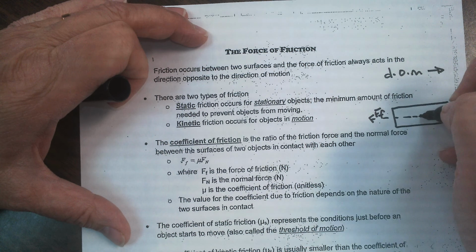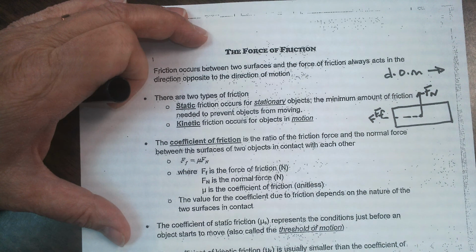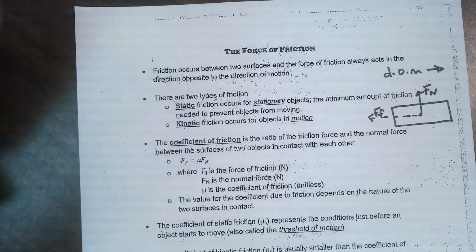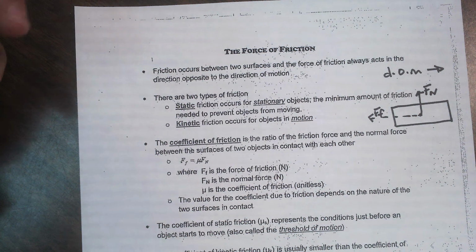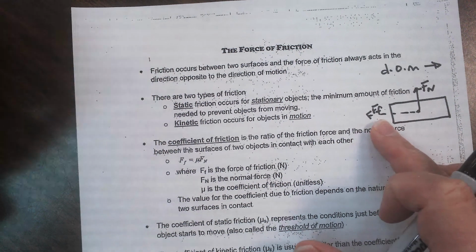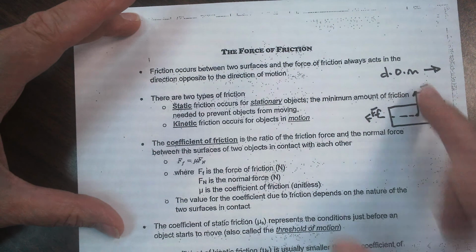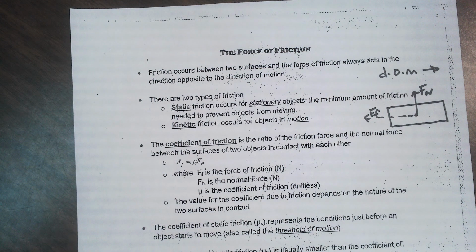And we know that force normal is 90 degrees to the direction of motion. And so we're looking at this and we're like, well, how can this be? Because these aren't opposing forces. The opposing force of friction is force applied, and the opposing force of force normal is force gravity. So what's going on here?